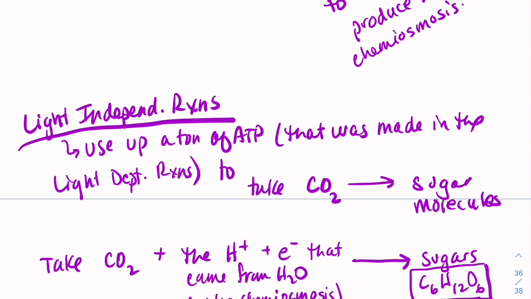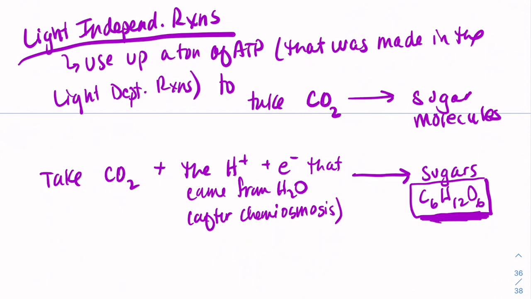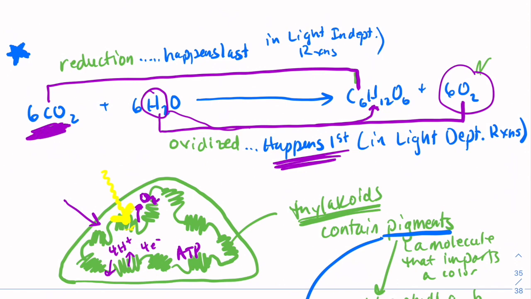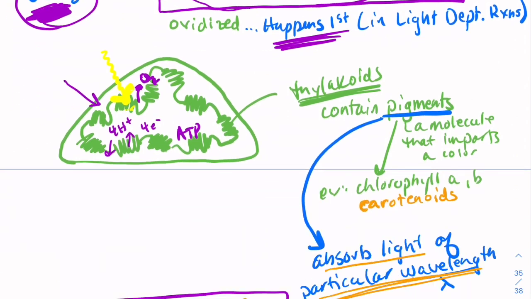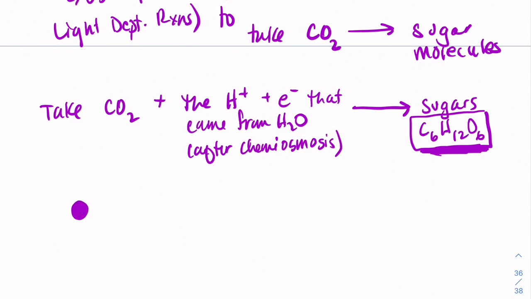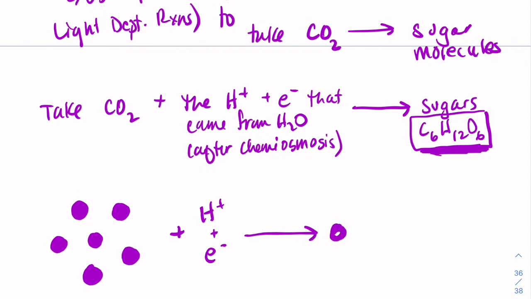Okay. It takes a bunch of energy to put, how many did we start with? Let's take one more look. It takes a bunch of energy to put 6 carbon dioxide molecules together to form a C6H12O6. Like, for example, if this is a CO2 molecule, we got to take 1, 2, 3, 4, 5, 6 of them, put them together with a bunch of protons and electrons to form basically one 6-carbon molecule.